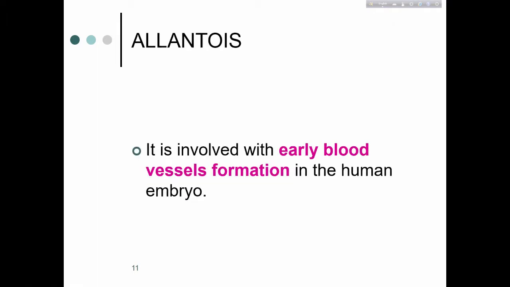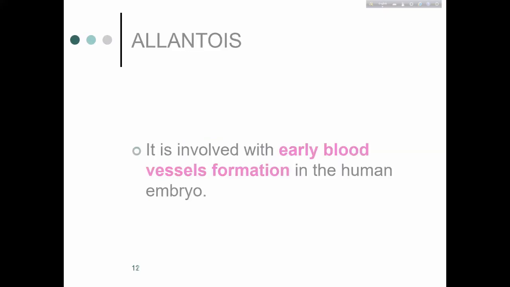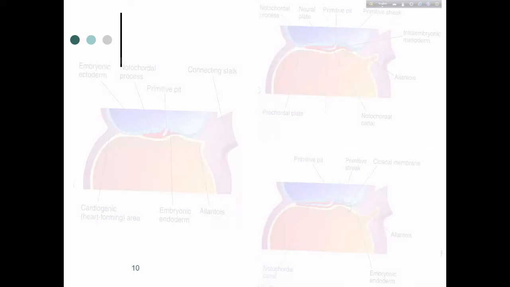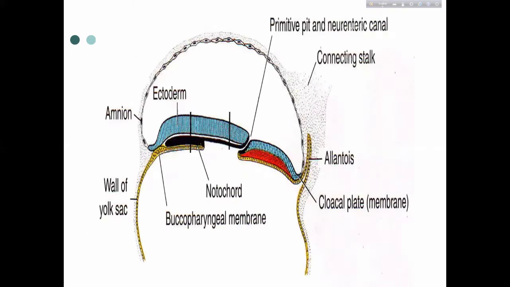So it is involved with early blood vessel formation in the human embryo. That is not very important, just a few blood vessels form around this. And look here, some blood vessels form here.